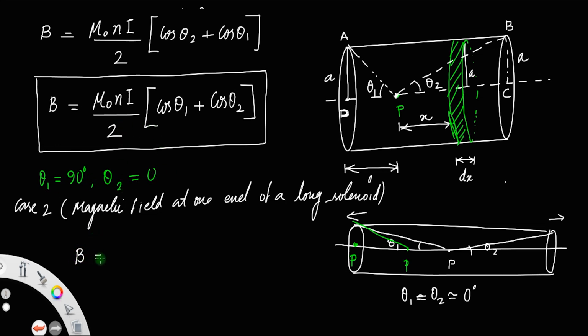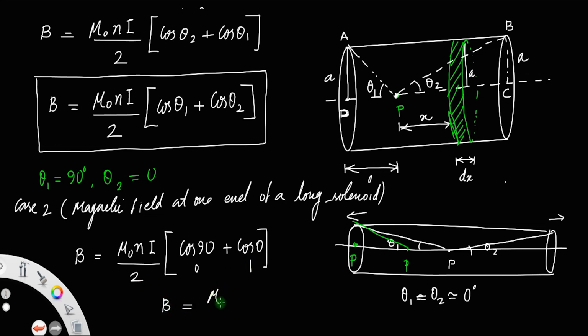So B will be mu 0 n I by 2 cos 90 plus cos 0. Cos 90 is 0 and cos 0 is 1. So the expression will be B equal to mu 0 n I by 2 into 0 plus 1, which is 1. So this is the expression for the magnetic field at one end of a long solenoid. Clear?